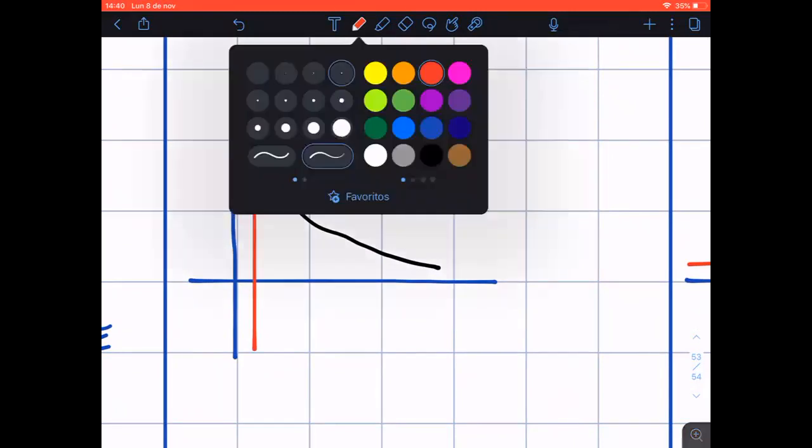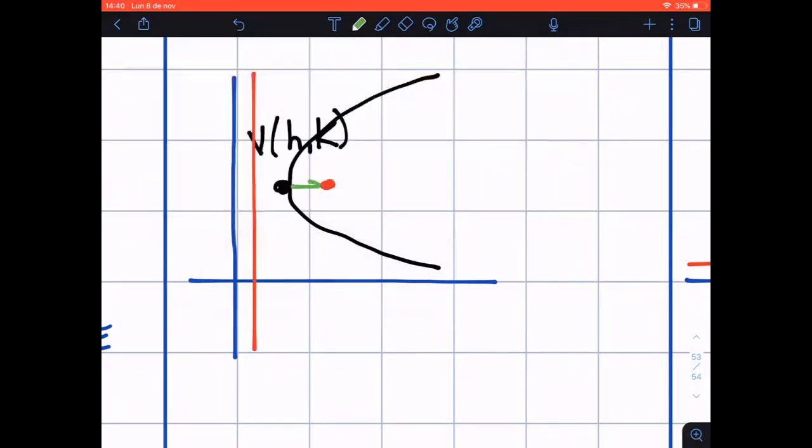Now, our p distance or p value will be from vertex to focus and from vertex to directrix. Now the p distance moves horizontally. So the coordinate that I'm gonna affect is the x coordinate. My focus will have coordinates h plus p, comma k.